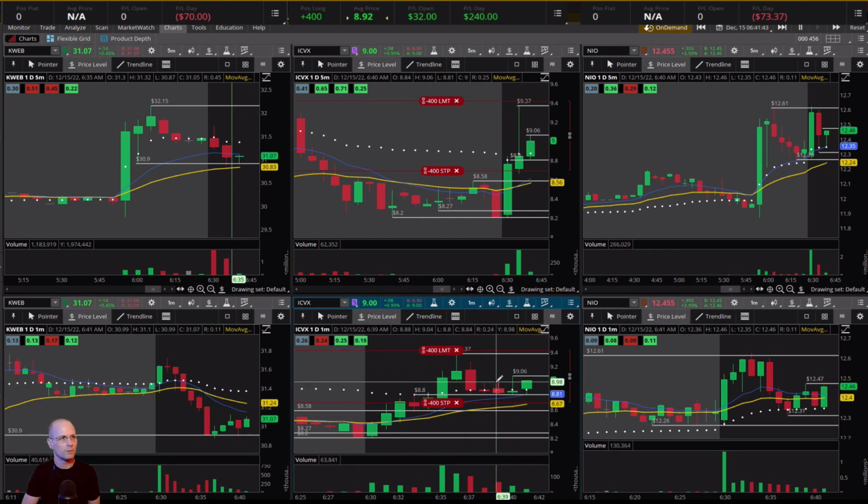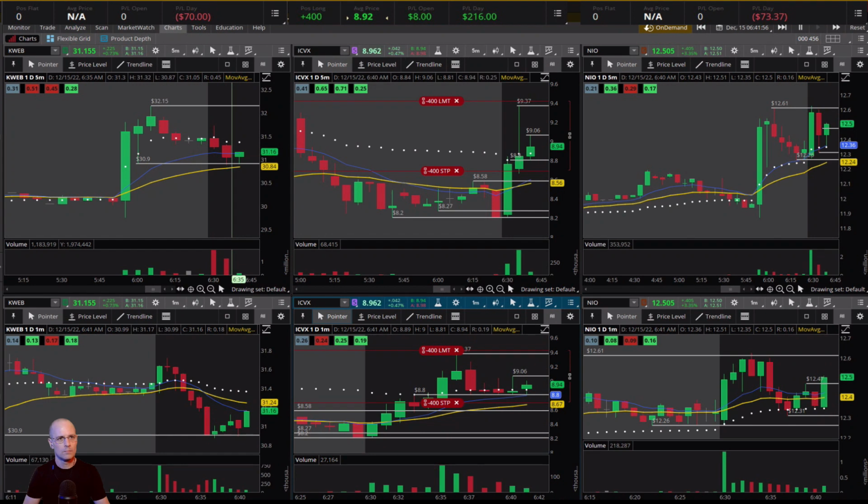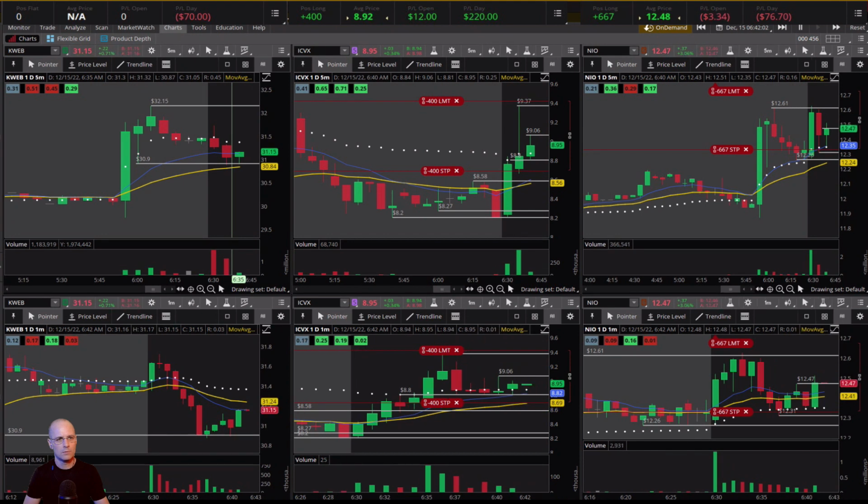So we have this level of 906. So Neo looking like it might break here. Not bad. 1250. I bought the dip on it. Yeah, I'm going to get back out.